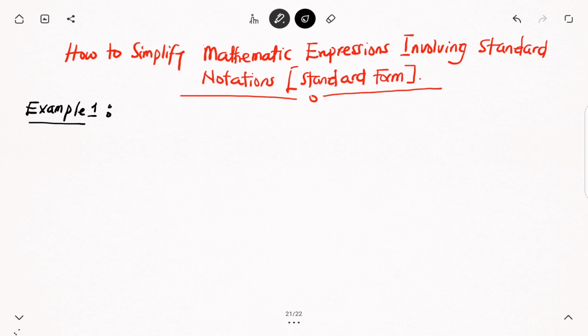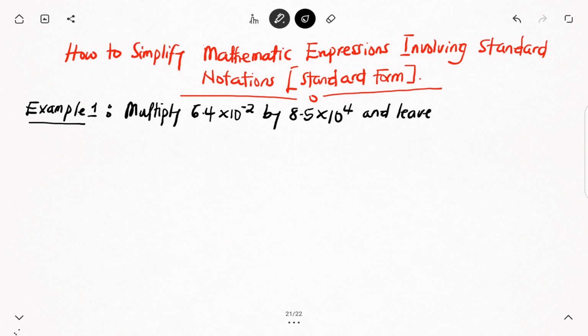So we are to multiply 6.4 times 10 raised to the power negative 2 by 8.5 times 10 raised to the power positive 4 and leave our answer in standard form.